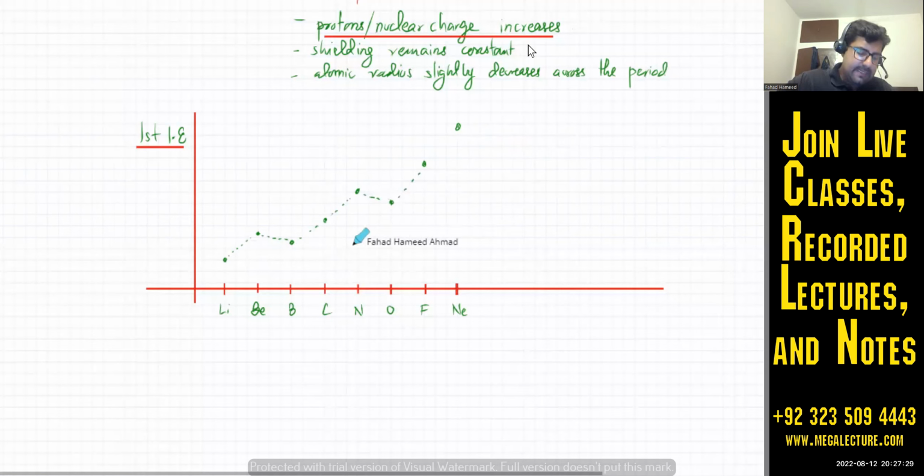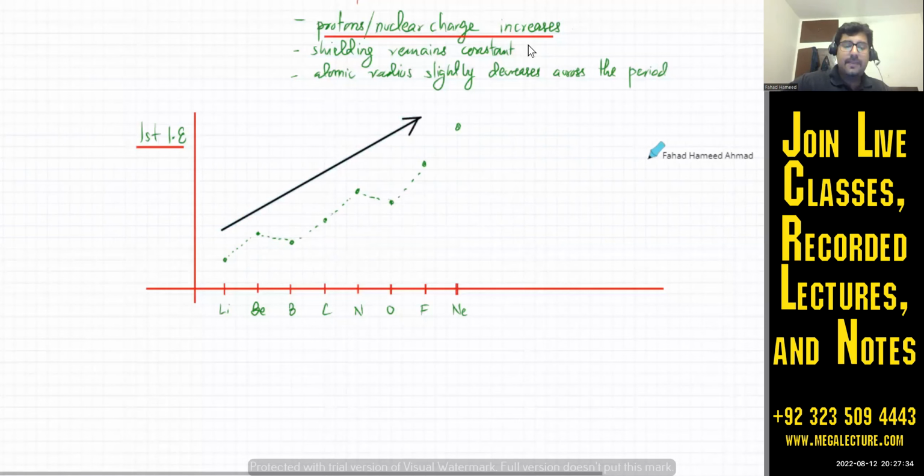So generally we can say that it is going up, right? So the general trend is fine. You can talk about it. So that's the general trend. But remember, it's not a straight line.